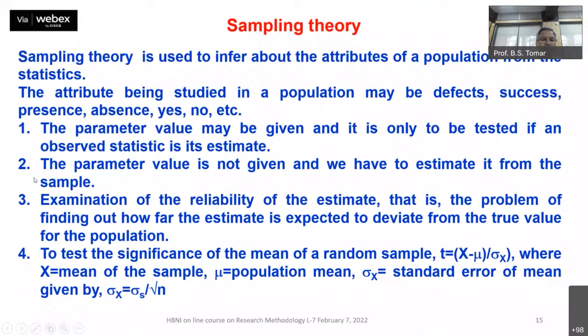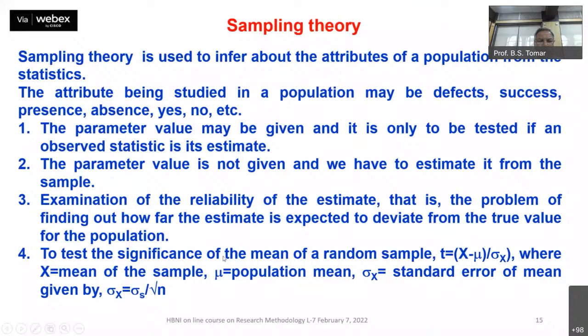Another problem is examination of the reliability of the estimate. X is the estimate; how reliable is it? That is the problem of finding out how far the estimate is expected to deviate from the true value for the population. X minus mu is the deviation; is this deviation significant, or is it by chance? That is what we discussed previously, and we'll have more discussion on this subsequently.